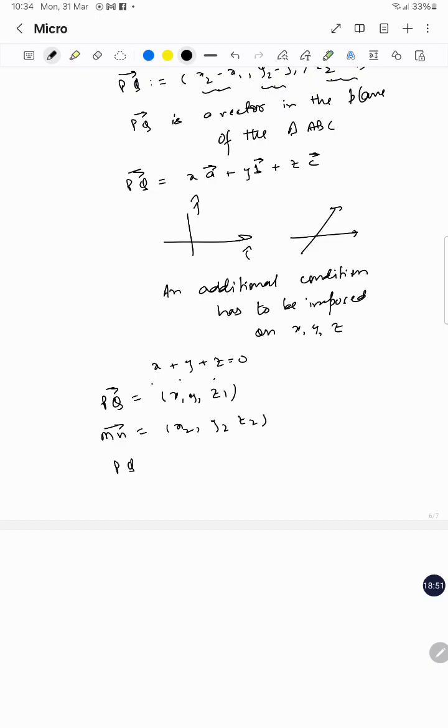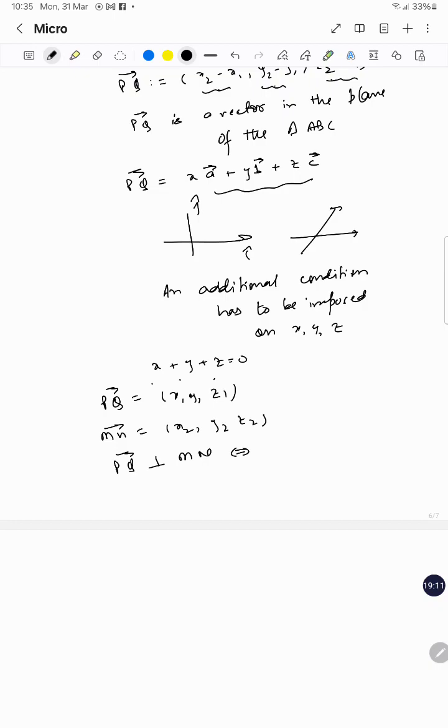So PQ will be perpendicular to MN if and only if this representation of PQ vector and MN vector are perpendicular.